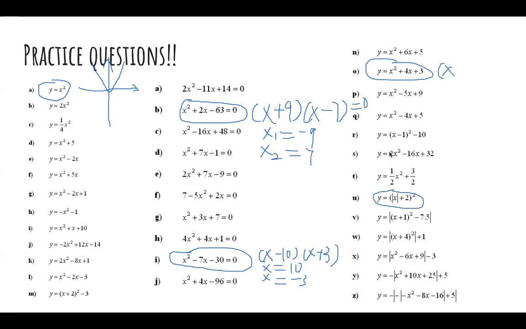X plus 1 times x plus 3. So we know that the x-intercepts should be x equals -1 and x equals -3.